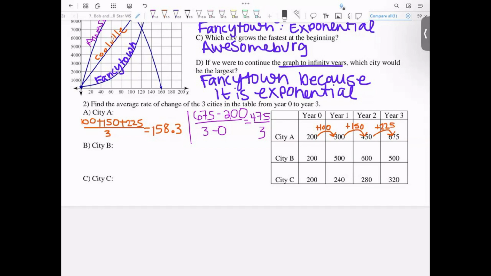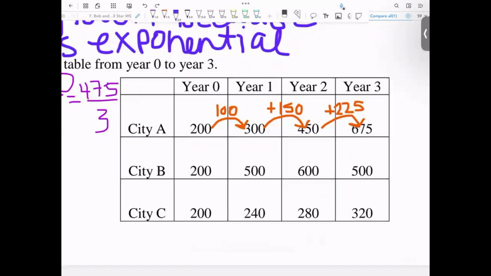This one is actually going to be exponential because if we take 300 divided by 200, we get 1.5. So in this case, we multiplied by 1.5, and 300 times 1.5 is 450, and 450 times 1.5 is 675. So this one we are multiplying by the same.